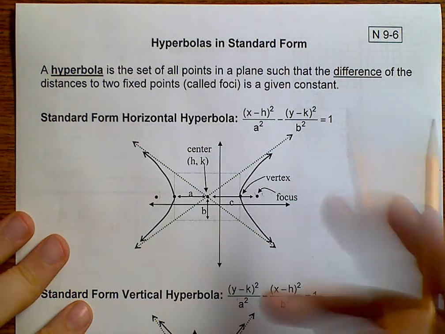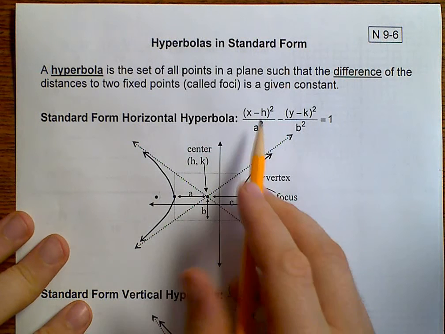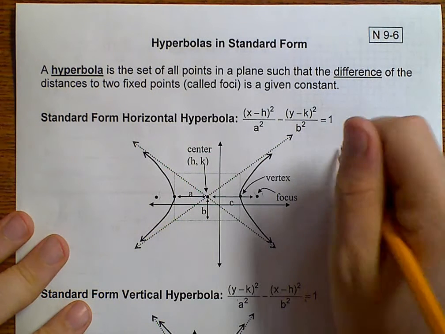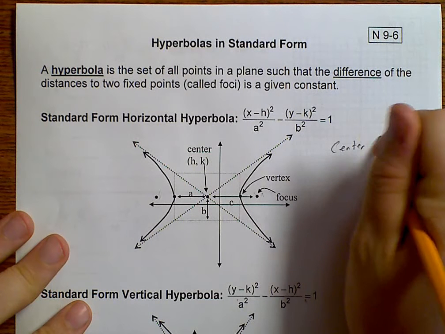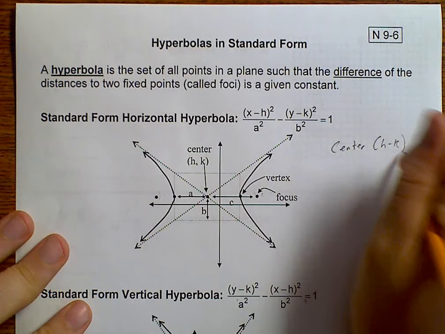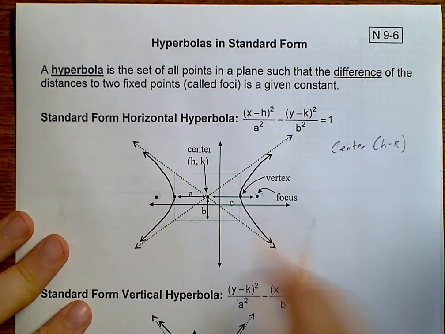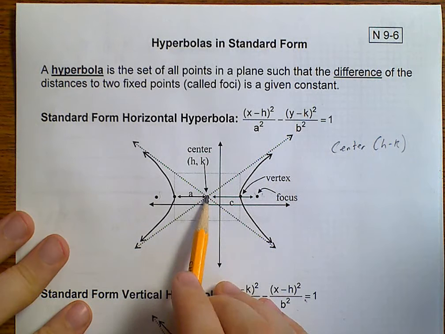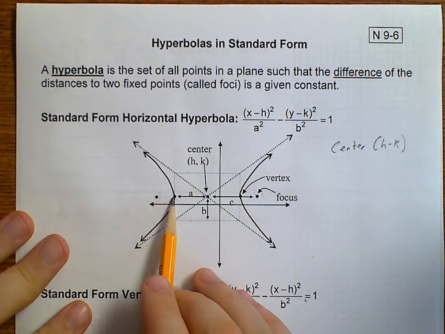And what we have here is (h, k) is our center. That's actually already written for us over here, so I don't need to write it again. The distance from the center to our vertex is a.